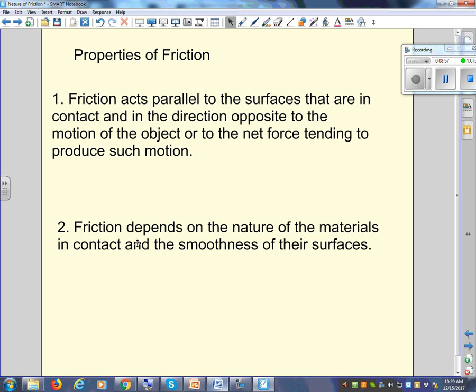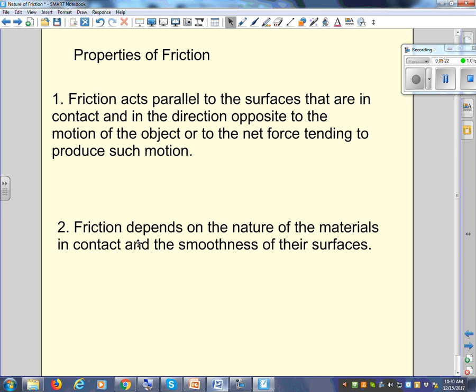Friction depends on the nature of the materials in contact and the smoothness of their surfaces. How smooth they are is the determining factor. Now, there's actually some talk that you can get things so smooth that they actually increase friction. Why do you think that might be? Think about glass on glass. How easy would glass slide on glass?